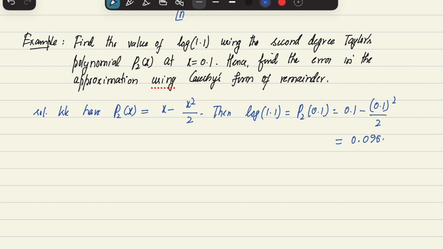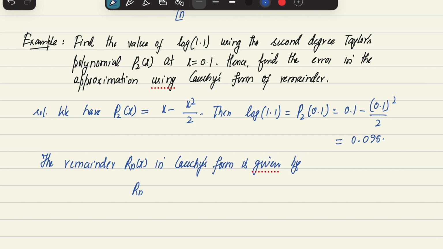Now let's evaluate the error in this approximation using the Cauchy's form of remainder. The remainder Rn of x in Cauchy's form is given by Rn of x equal to f of n plus 1 at some point c divided by n factorial into x minus c power n into x minus a.